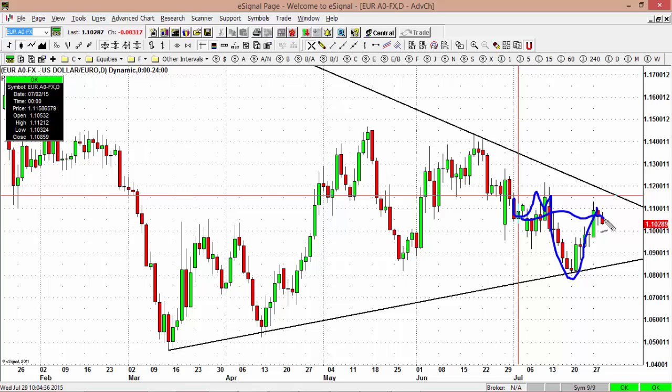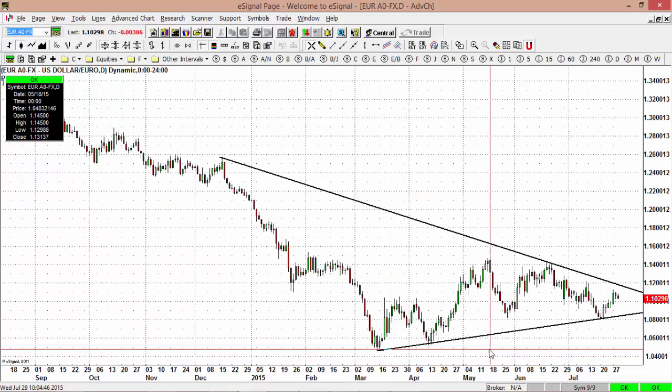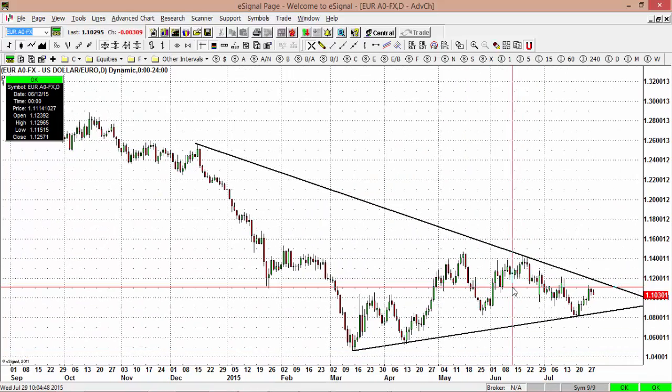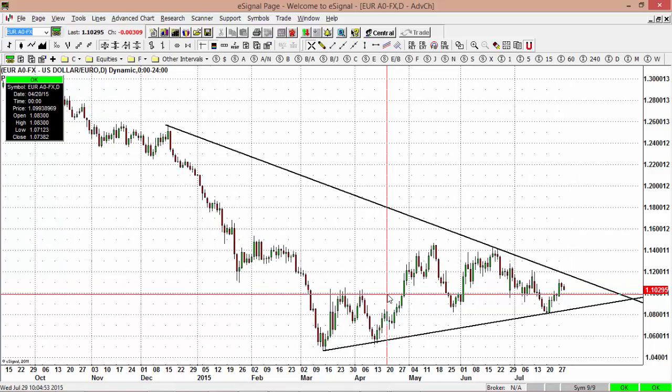So the euro is down slightly today, and we are in this triangular consolidation. The market has to break out of these consolidation patterns for us to get further clarity as to where the euro will go. A close below 108 will definitely be very bearish for the euro, and we could see a test of this 104 region.